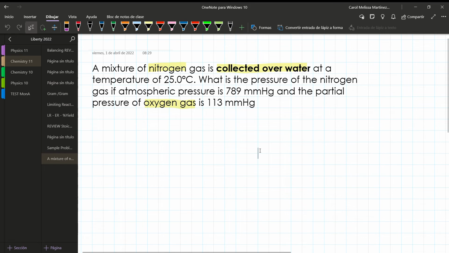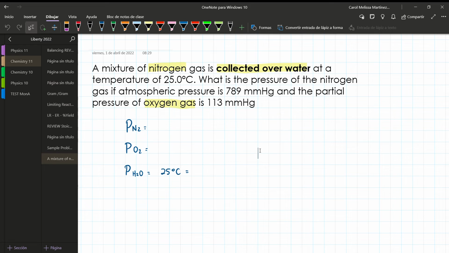Okay, so because I have three different gases, I'm going to have three different pressures. So I'm going to have my pressure of nitrogen, my pressure of oxygen gas, the pressure of water. Okay, remember that in this case water is at 25 degrees Celsius, so it's going to have a specific pressure.